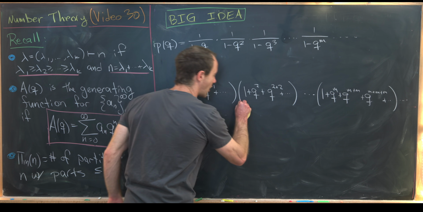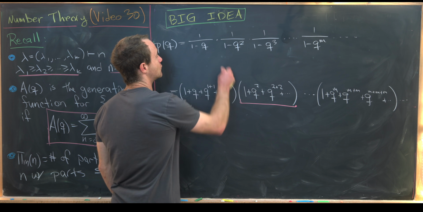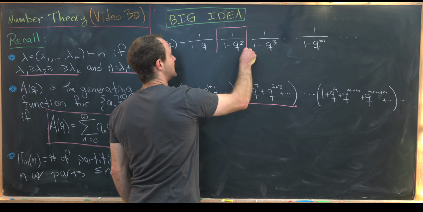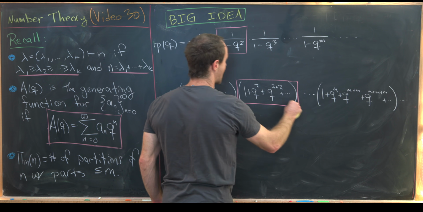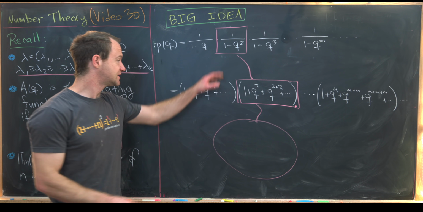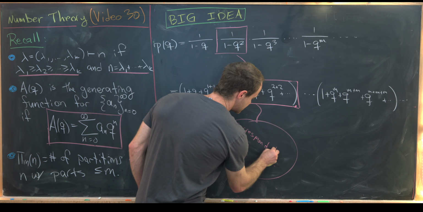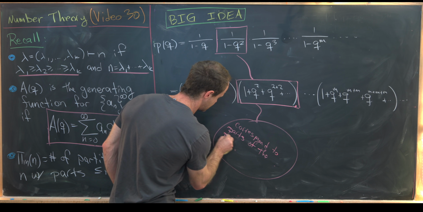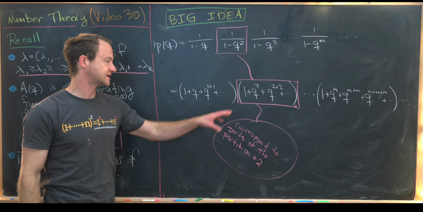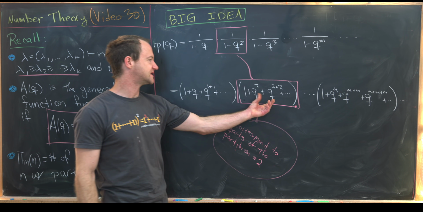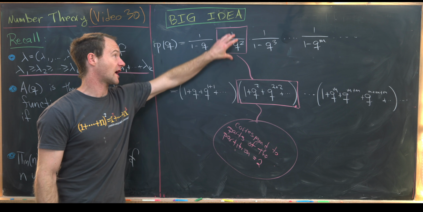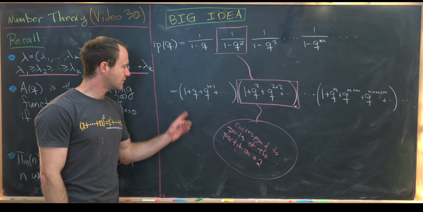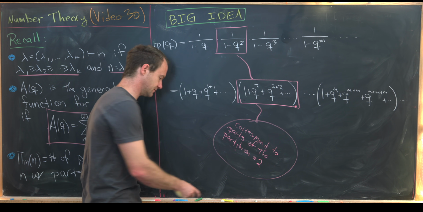So if we were to group all of this together, which is the same thing as looking at this entire rational function up here, these two guys correspond to parts of the partition equal to 2. Okay, so that's what that means. And if we sum it together, that's what this rational function up here means. But what do the individual terms mean?